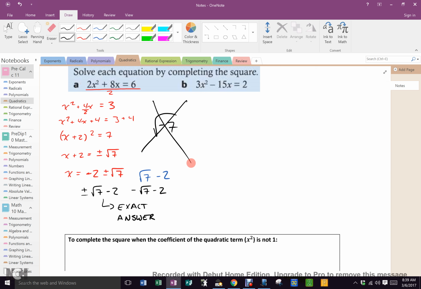Because whatever the root of 7 is, which is 2.5-ish, right? This just means negative 2.5-ish. Cool? Okay. So if you were going to punch that into your calculator, you would do square root 7 minus 2, negative square root 7 minus 2. And you would get your two answers. Everybody good?